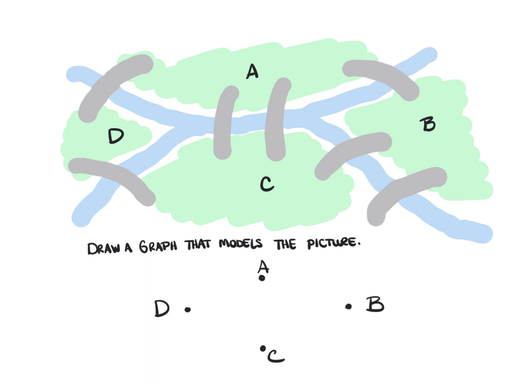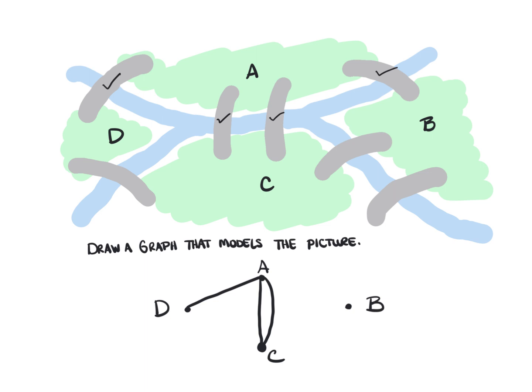So for example, I have a bridge over here on the left that goes from A to D. So I'm going to draw an edge from A to D. I have another bridge that goes from landmass A to C. So I'll put in an edge from A to C. I have a second bridge that goes from A to C, and so I'm going to put in a second edge.